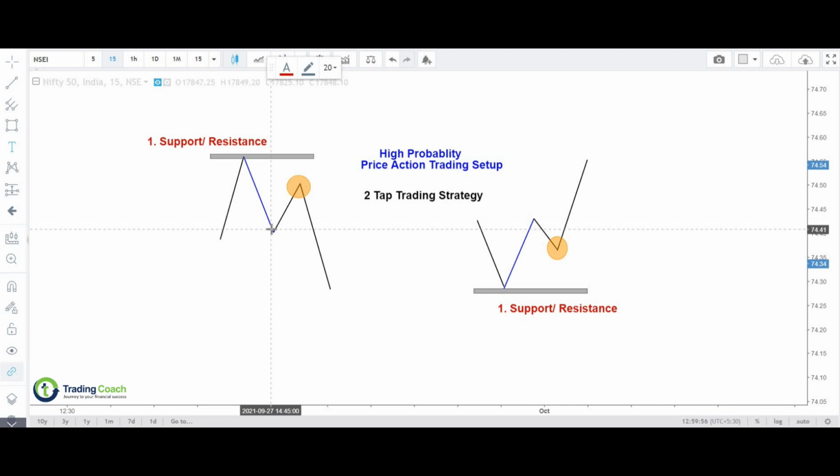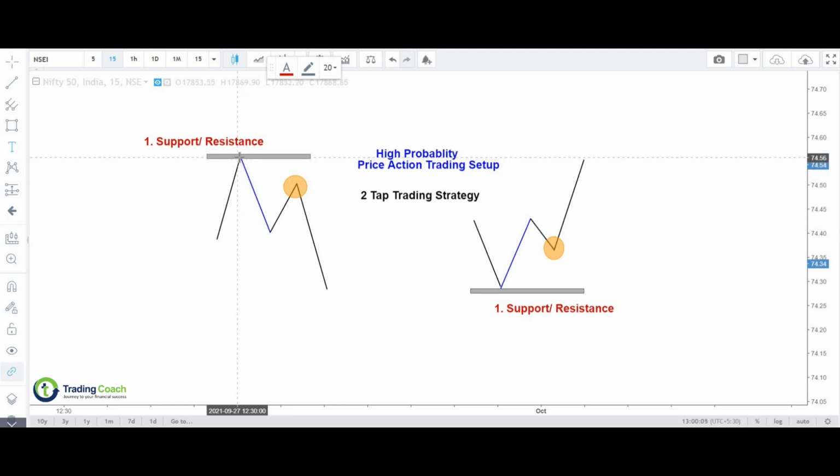In this case, we have a very good resistance level. The prices tested the resistance level, and right after testing it, we can see a sell-off. In a similar way, here we have a nice support level. Right after testing the support level, we can see a very good bounce in the stock prices.